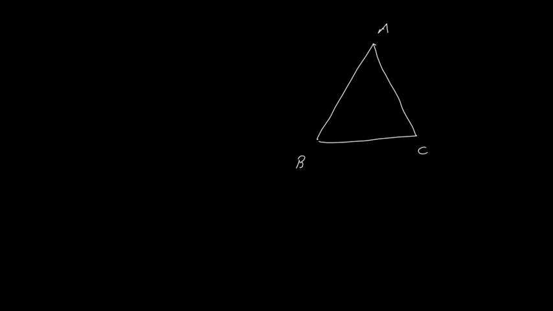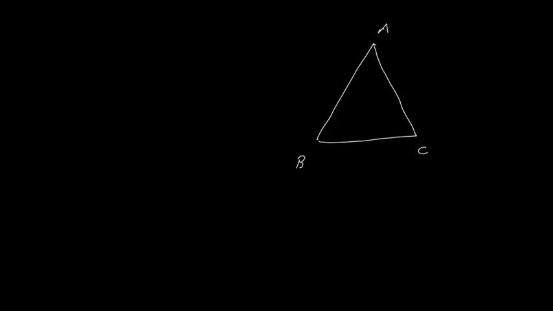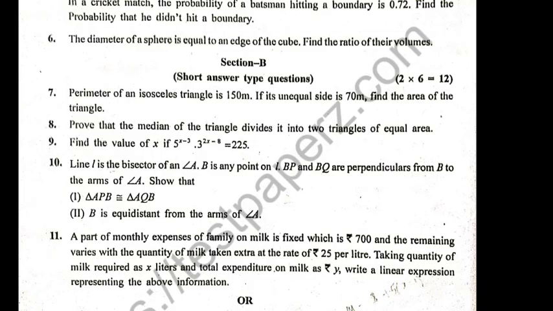BC is the unequal side, BC is 70, and then what is the equal side? First we have to find that. The perimeter is given, perimeter is 150.